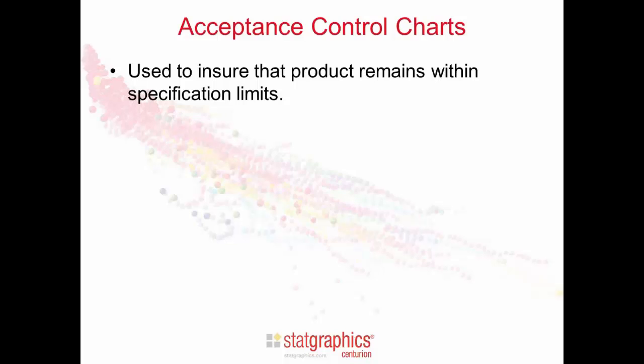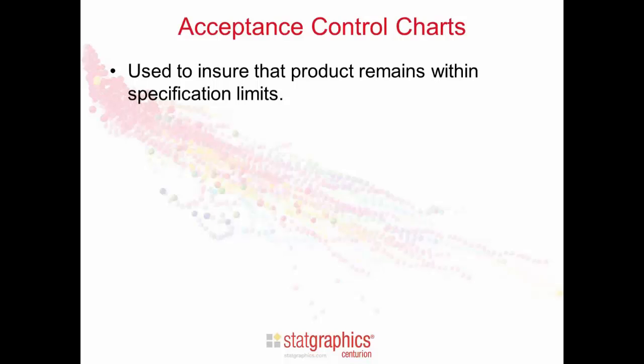The purpose of a control chart is to determine whether a process is in a state of statistical control, whether or not it's stable, or if there are some unusual events that may have occurred that we should know about.